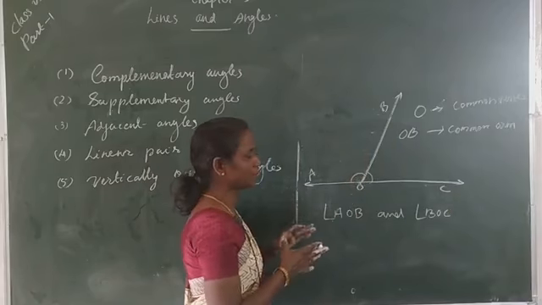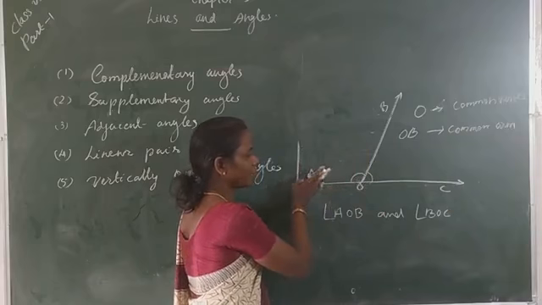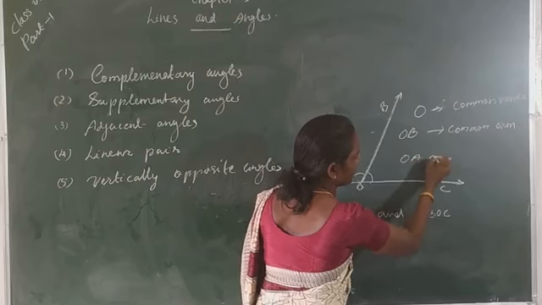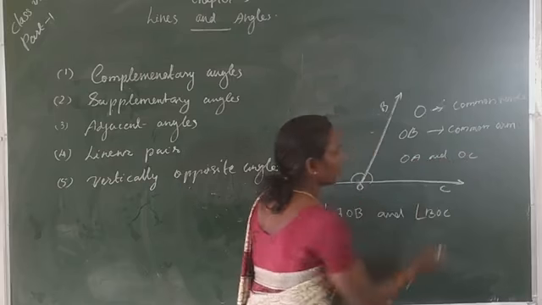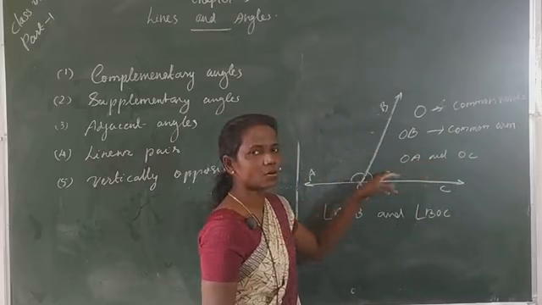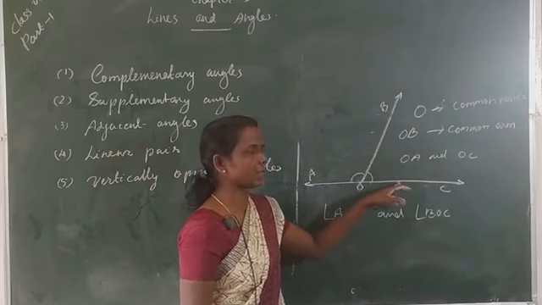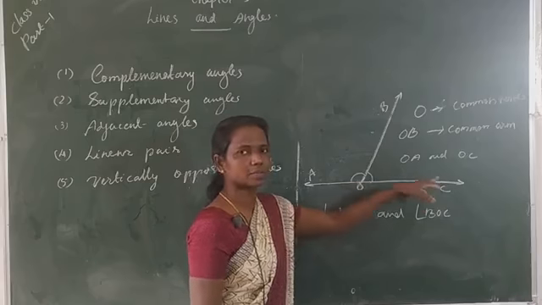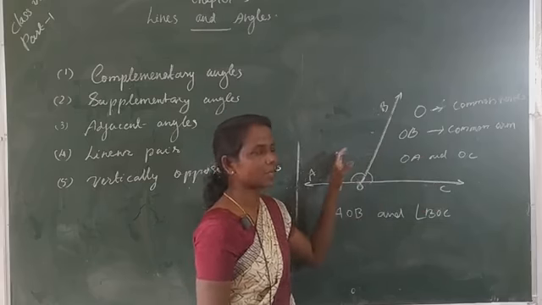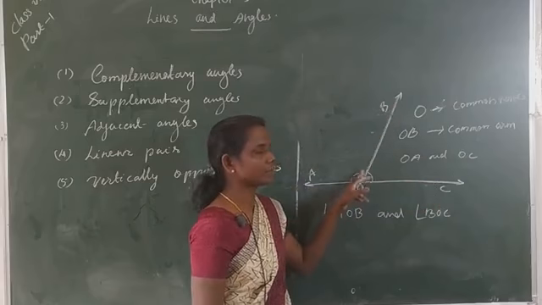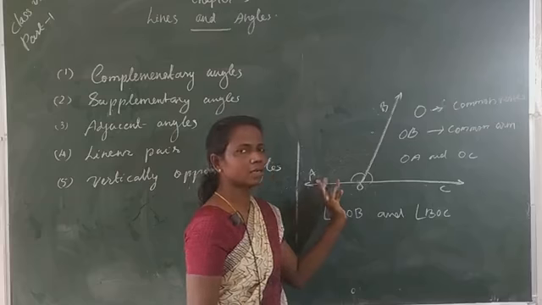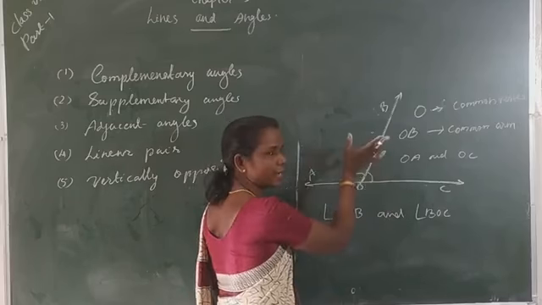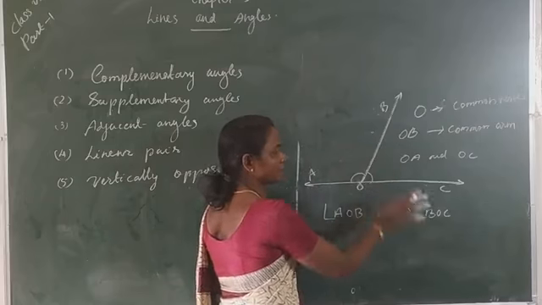And the other two arms, OA and OC, are non-common arms. They lie on either side of the common arm. So these two angles are adjacent angles.